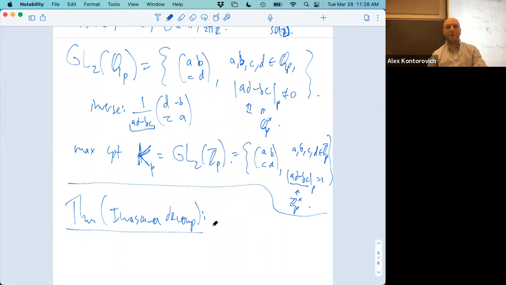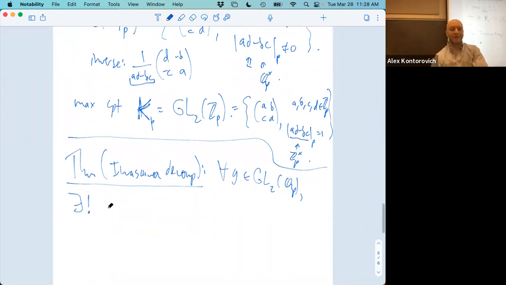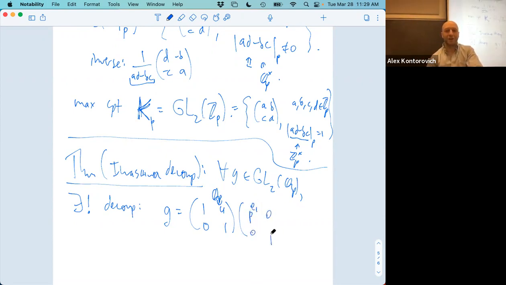Okay, so what's the decomposition? For all G in GL2 QP, there exists, and I want it to be a unique decomposition, a unique decomposition of G as 1 U 0 1, where U is in QP, times some diagonal matrix, I'll call that P to the E1, 0, 0, P to the E2, and then K, where K is in KP, some GL2 ZP.